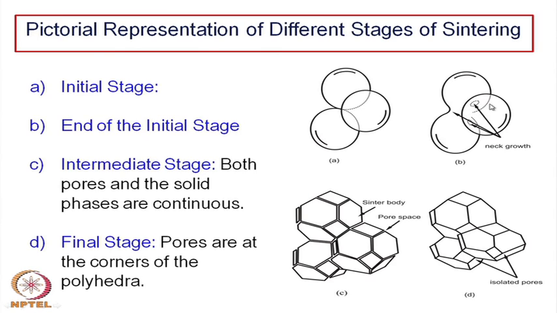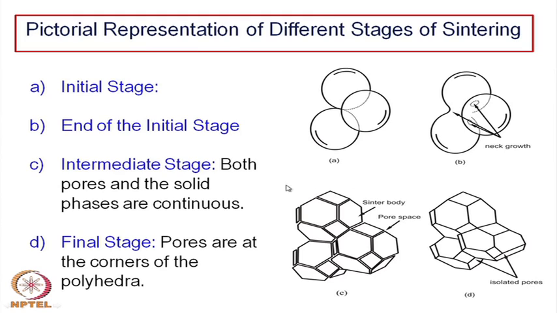This third particle is touching this particle and that other particle in the form of another neck area. So there are 3 different neck areas, one between these 2 particles, another between these 2, and another between these 2 here. As mentioned earlier, when about 20% of neck growth has taken place, we say the initial phase is over.